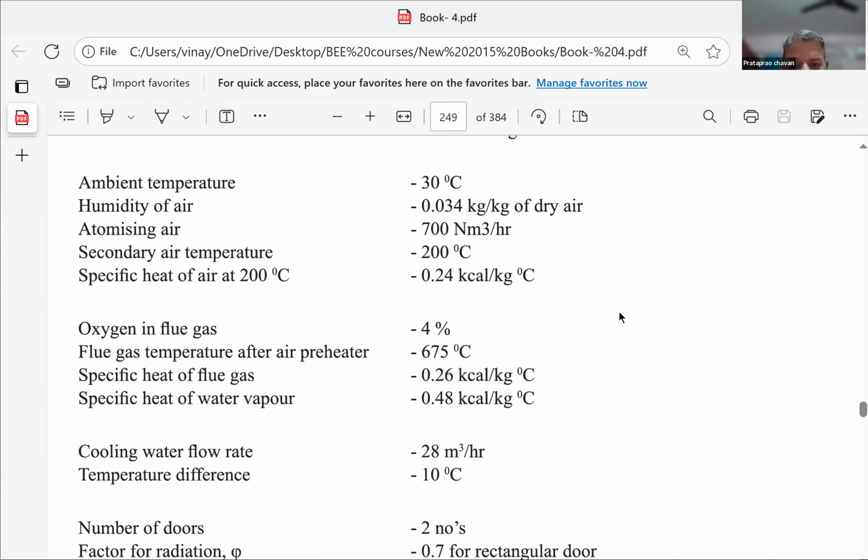Because ultimately, an energy auditor is not doing the calculation from memory. Whenever he goes to any industry, he refers to books and then, taking the data correctly, he goes ahead with the calculations. So that much margin the examination keeps in mind, provided you are systematic.